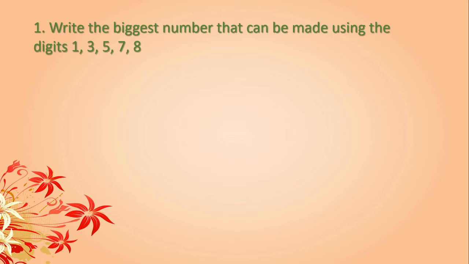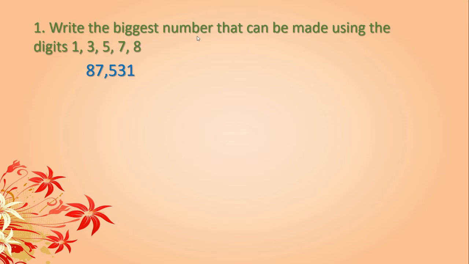Isn't it? So we can write like that. Then it becomes the biggest number made by these given numbers. So our biggest number is 8, 7, 5, 3, 1. That is 87,531. Okay, got this?